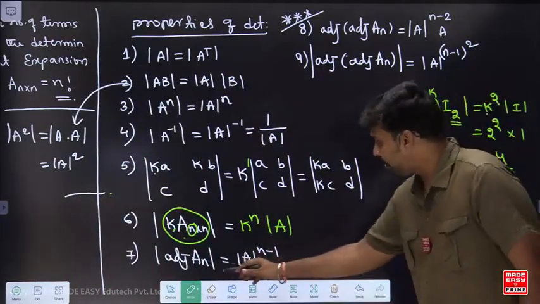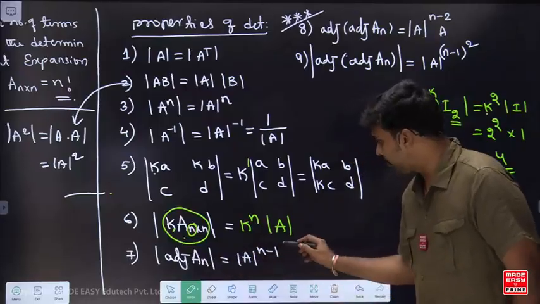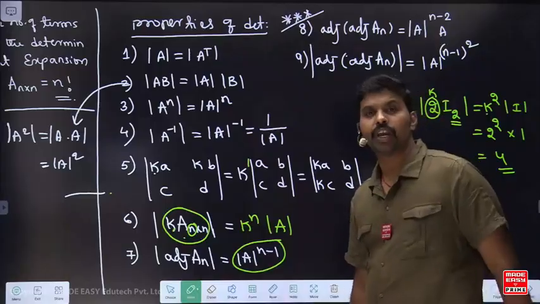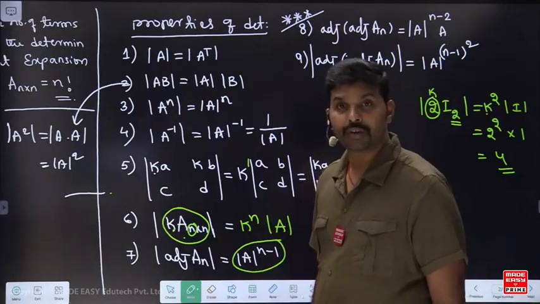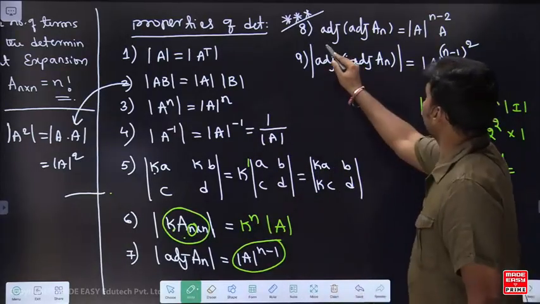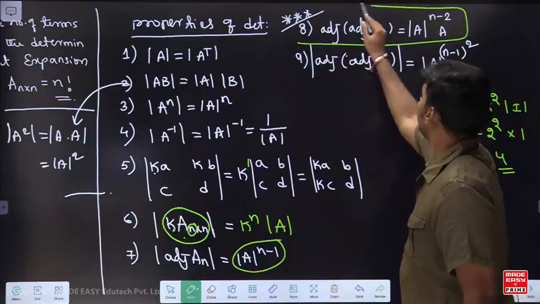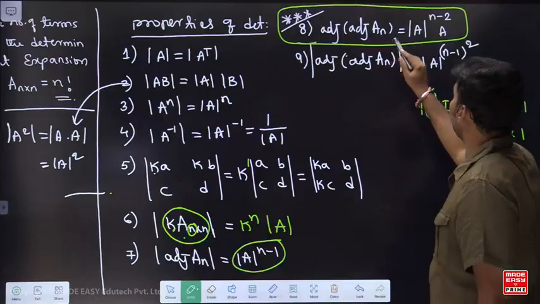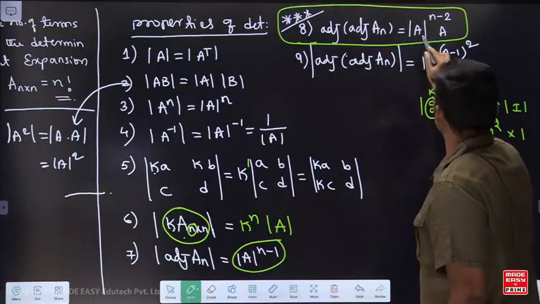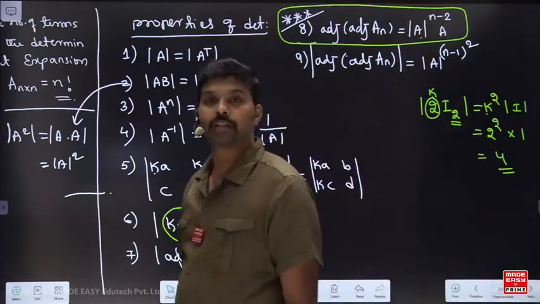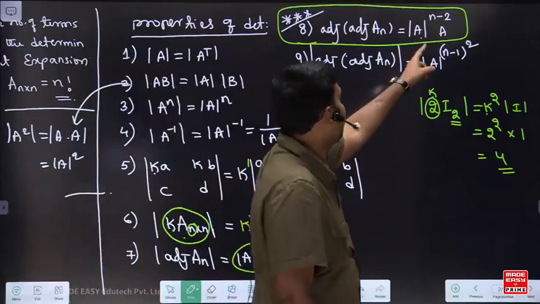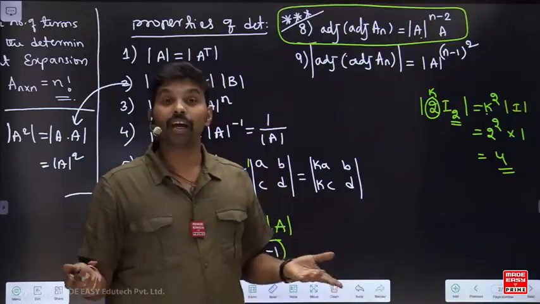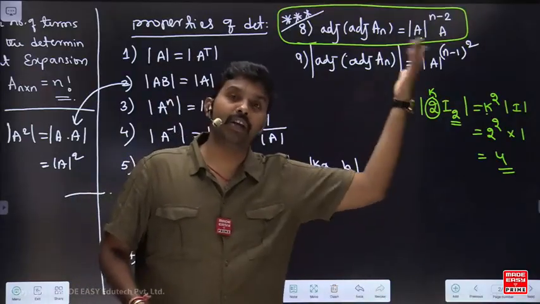And similarly, mod of adjoint of A, n by n, is given by mod A to the power of n minus 1. You can prove it from the definition of A inverse. And one thing, this is very important, beta: the adjoint of an adjoint of A, n by n, is simply given by the determinant of the matrix, that is mod A to the power of n minus 2 into A. If you know the determinant of A, then you can write the value of the adjoint of an adjoint of A, n by n.